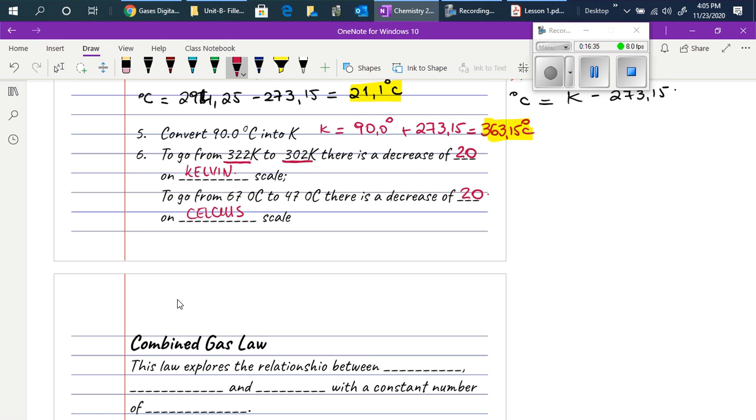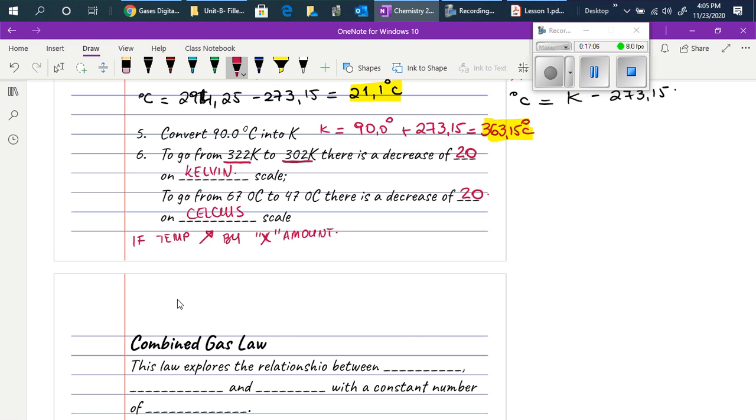Now, what you have to keep in mind is that if the temperature is increased by X amount, whatever the amount is, it doesn't matter in which scale it is increased.